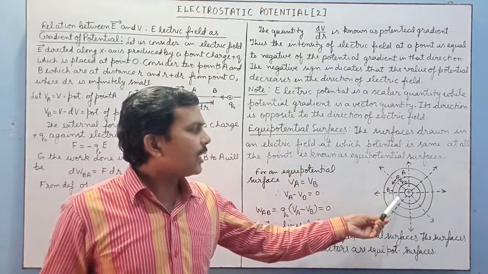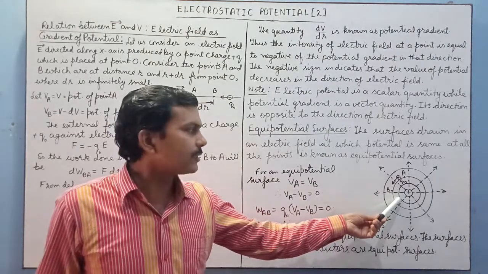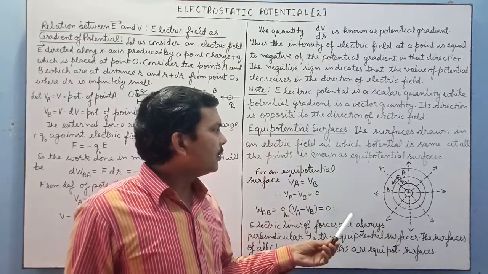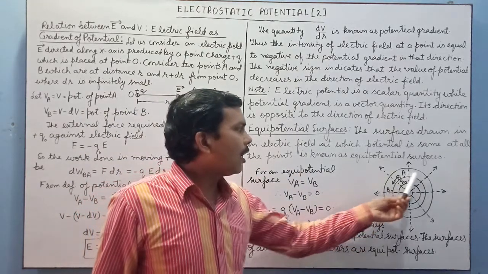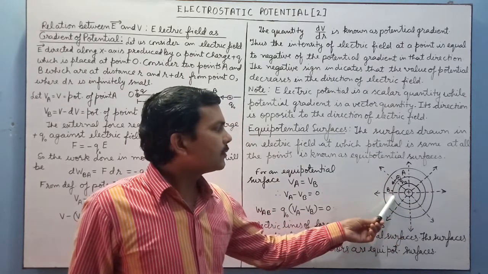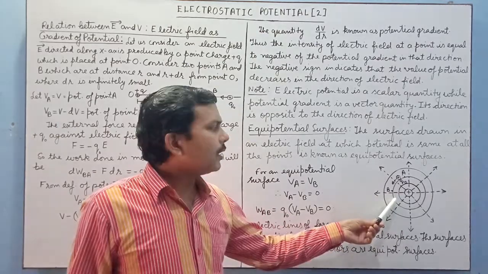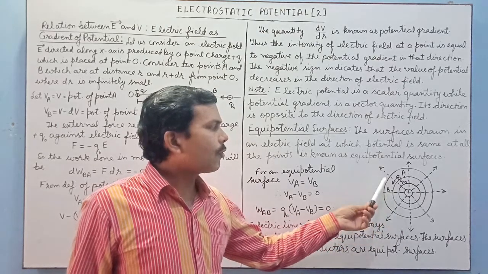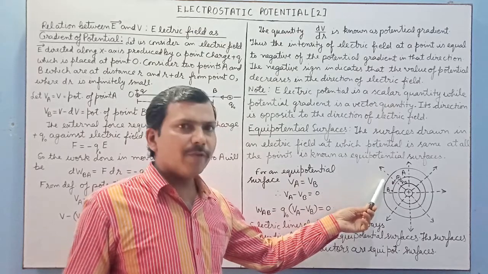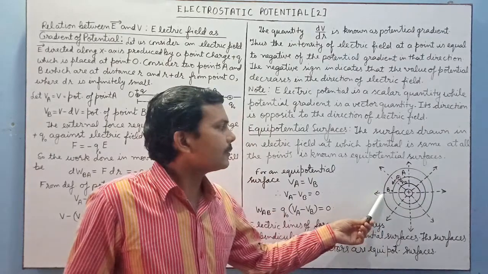Each spherical surface will behave like an equipotential surface. So, from the definition, the potential on any of these surfaces is constant throughout the surface. The potential at another surface will be different, but it will remain the same throughout that surface.